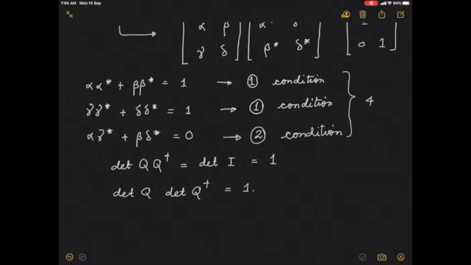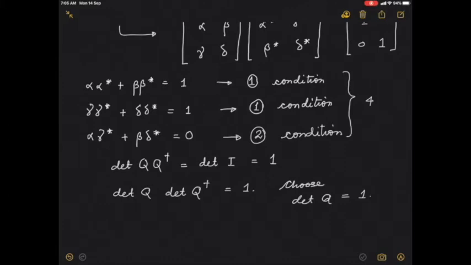Now this essentially sets the product of the determinant of Q and the determinant of Q dagger equal to 1, but it doesn't tell us about the individual determinants. But if I now choose that determinant of Q equals 1, then I get one more condition.